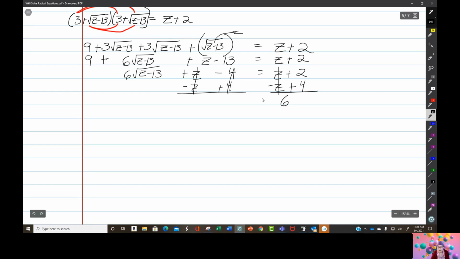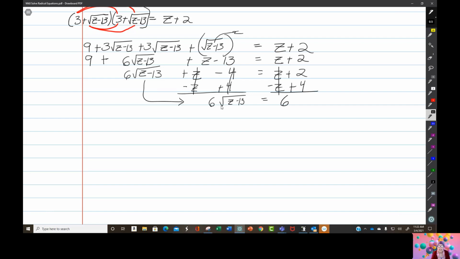This is unfair. They're making stuff too easy for you. Well, all right, I'm going to take this now and write it down there, because that's all I have left on the left side. 6 times the square root of z minus 13.